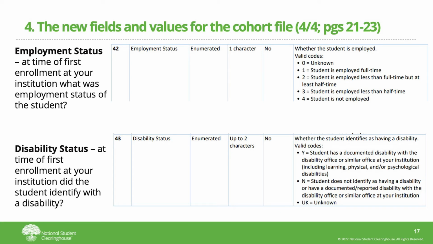So we did consider that. And in part, that is why we did the collapsing of Y, N, and UK for that. Certainly, if there's some feedback or concerns about that, please do let us know. This is an optional field, so if it's not something that your institution feels comfortable sharing, it is completely optional and up to you.